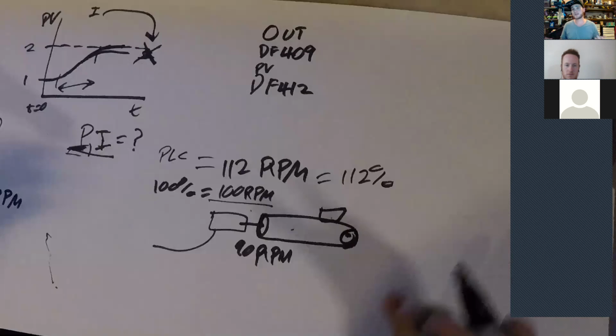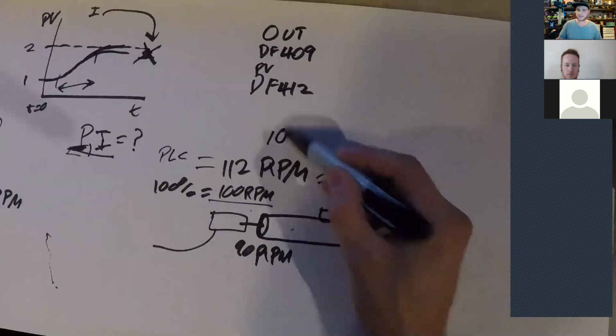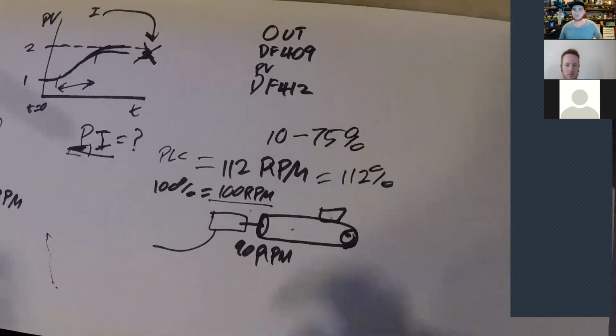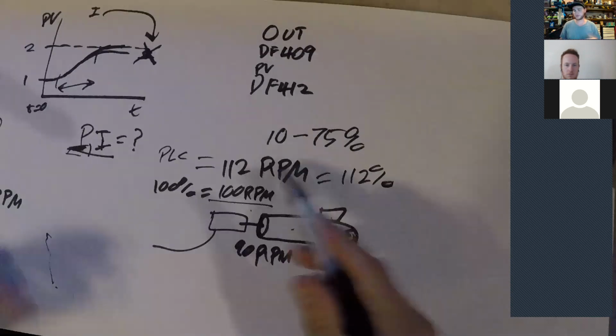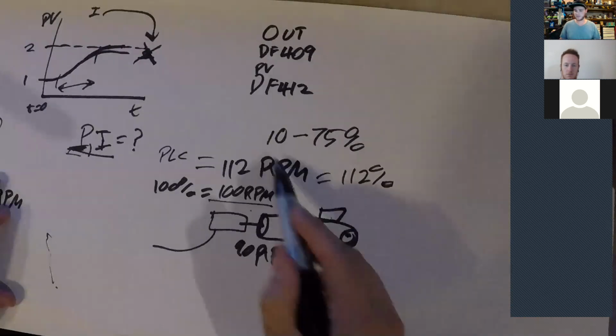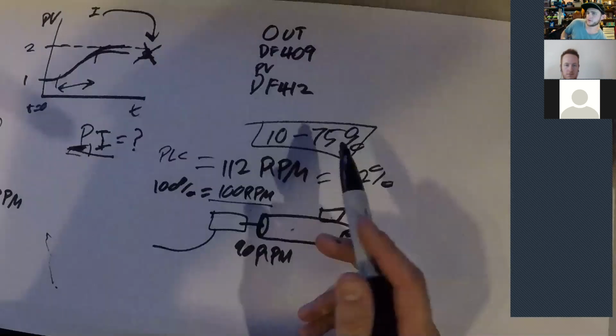And actually, a lot of times on a control valve, for various reasons, you might set that from like 10 to 75%, right? This is to avoid cavitation or a runaway in your process, or various different reasons. But you might set this bound in your control loop.